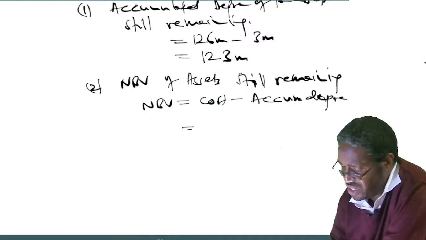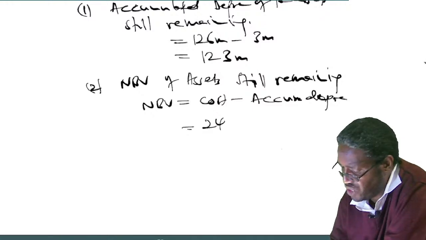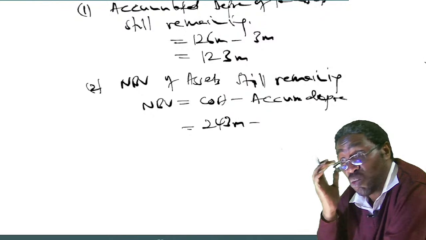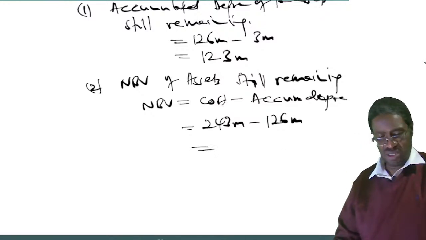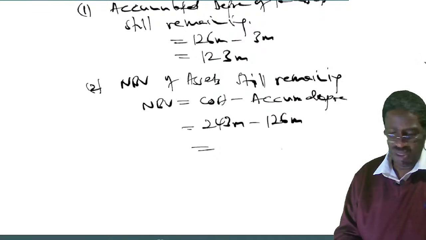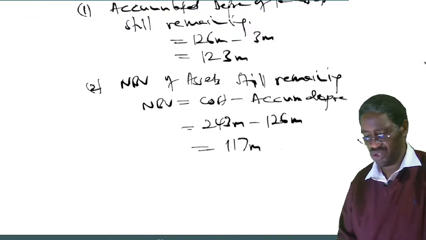We have already agreed the cost was 243M. That one we got in the motor vehicle account. We minus what you have got in your working, 126 million. So what does it give me? It gives me 243 minus 126. That gives me 117M.